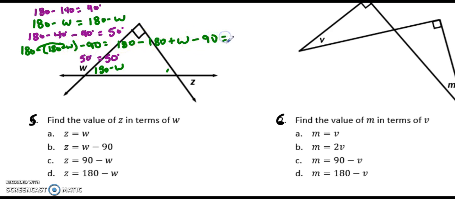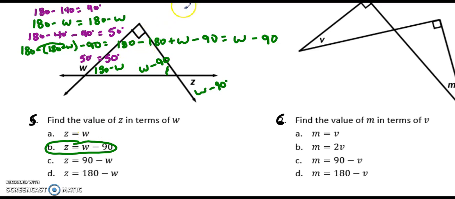And I can simplify that even a little further by combining like terms. 180 minus 180 minus 90 leaves me with W minus 90. So that means that this angle here is W minus 90. And then at the end I learned that these two angles were vertical, so Z will also be W minus 90. So that leaves me with W minus 90 is my answer right here.